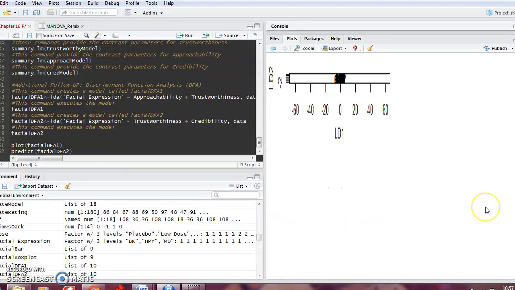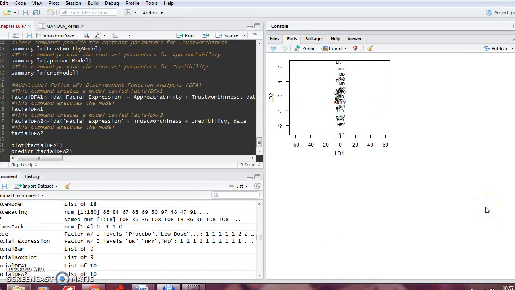So, in essence, you want to look at the horizontal axis, and you can see that as far as discrimination goes, y'all look the same.